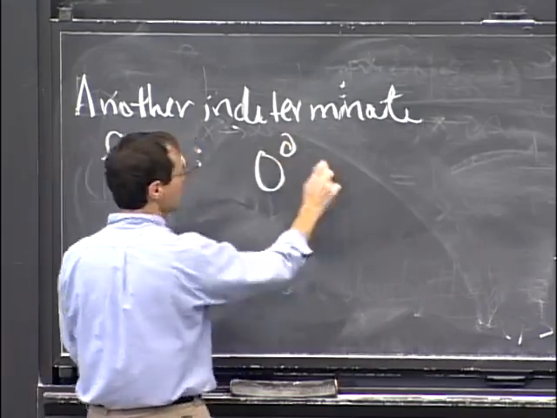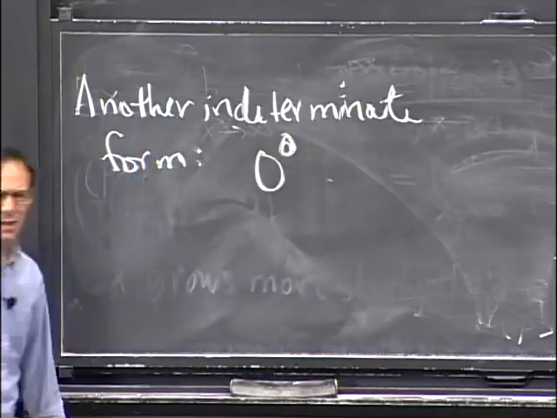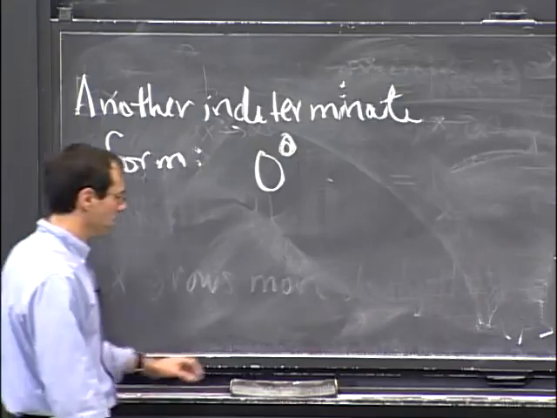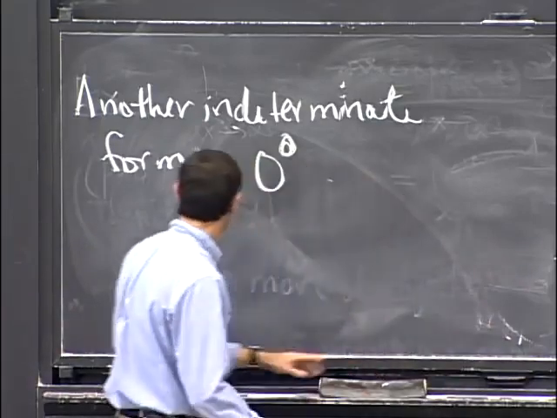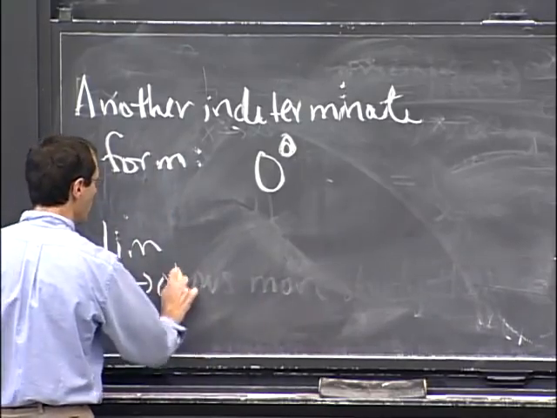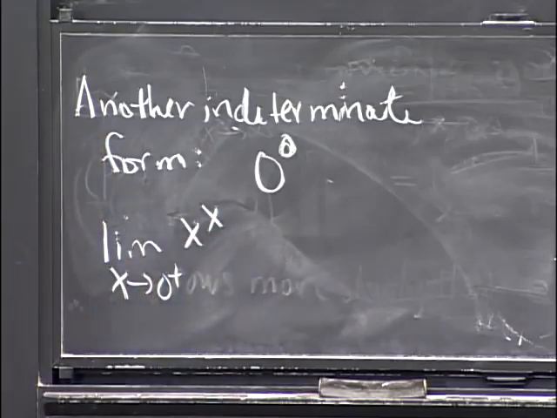That's going to be 0 to the 0 power. I mean, there are lots of these things where you just don't know what to do, and they come out in various different ways. Now, the simplest example of this is the limit as x goes to 0 from above of x to the x. All right?